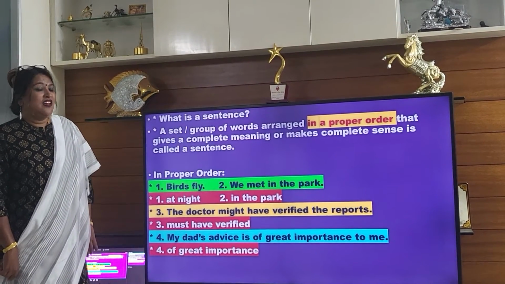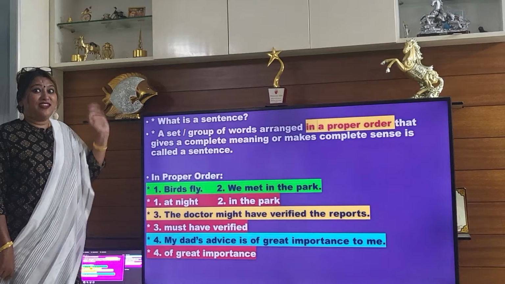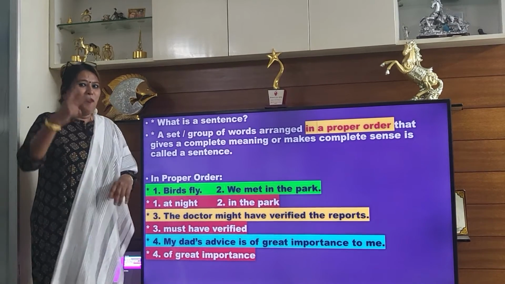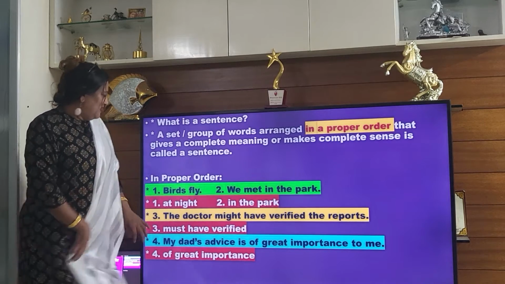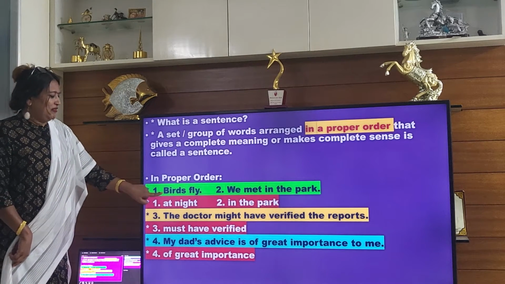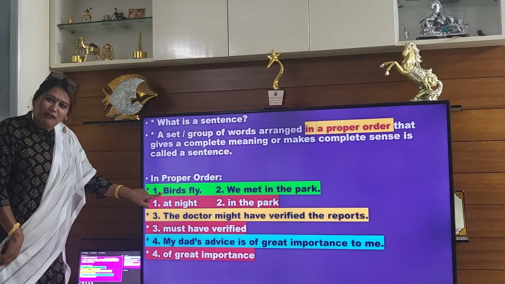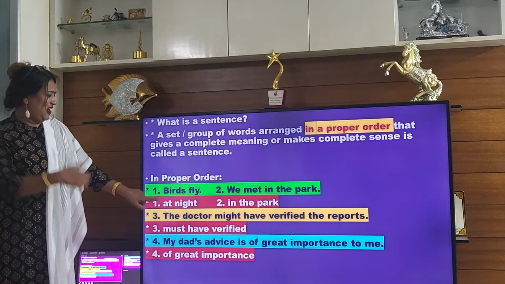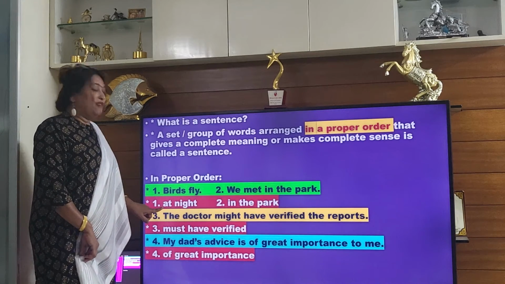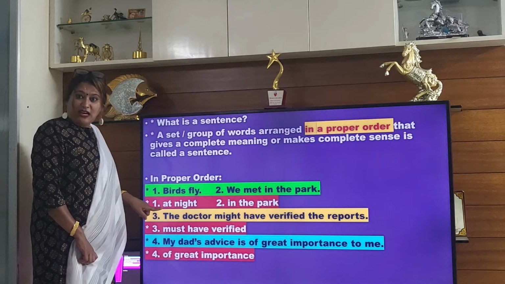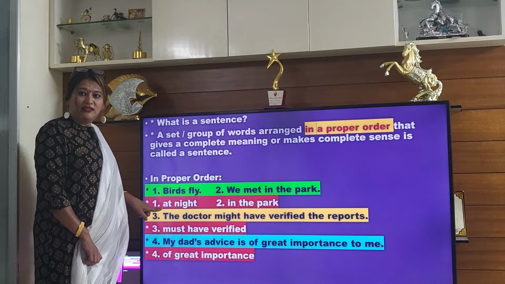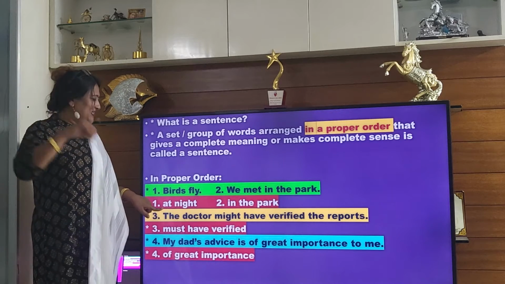Because, what did I cover on the first slide? Two points. A sentence must begin with a capital letter. Let's match. First, Birds begins with a capital letter. And the second, does it begin with a capital letter? No.